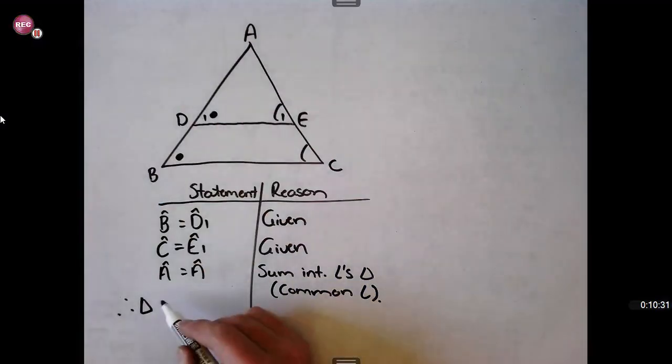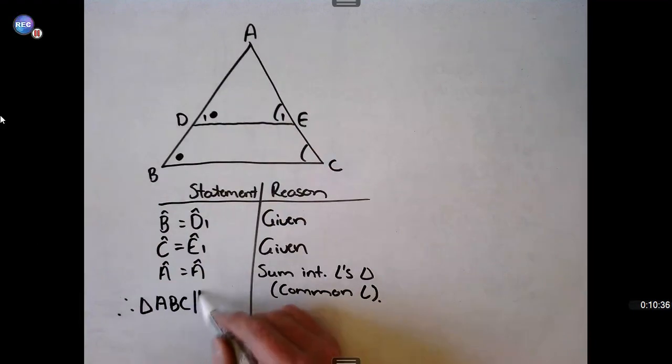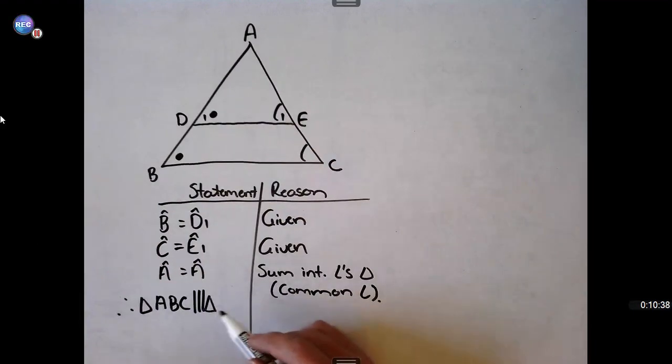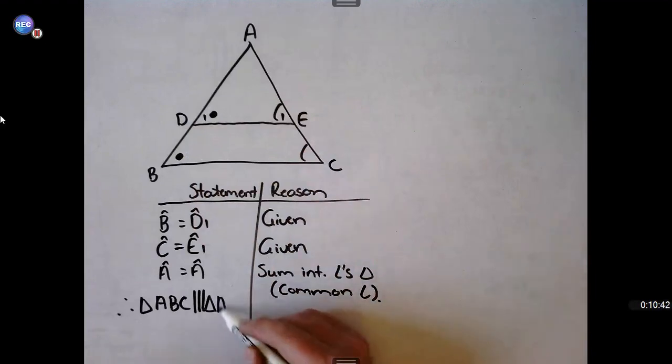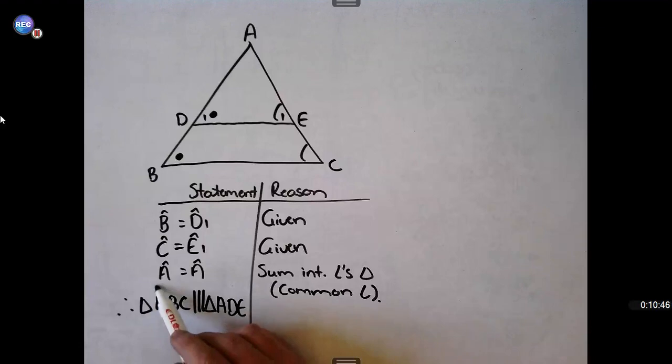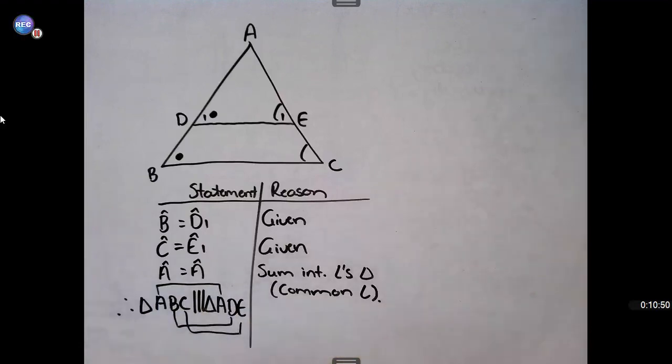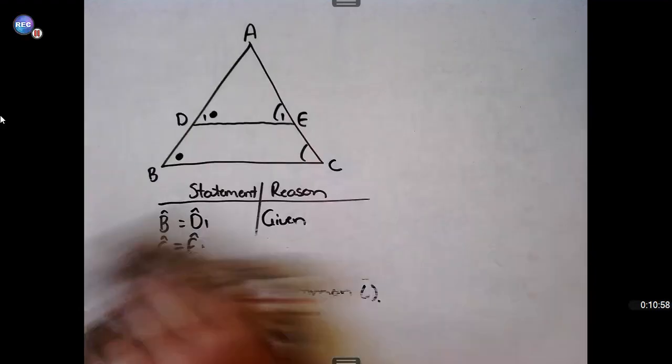So triangle ABC is similar to triangle ADE. And when I go draw all my stuff to check what corresponds, all of them should be corresponding like that. Okay, and there you go. Triple A, done and dusted, out of the way. Okay, let's move on to our next question.